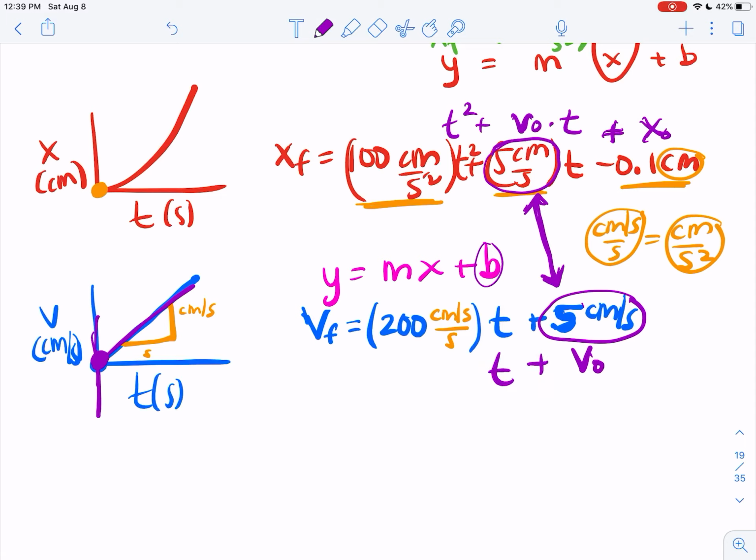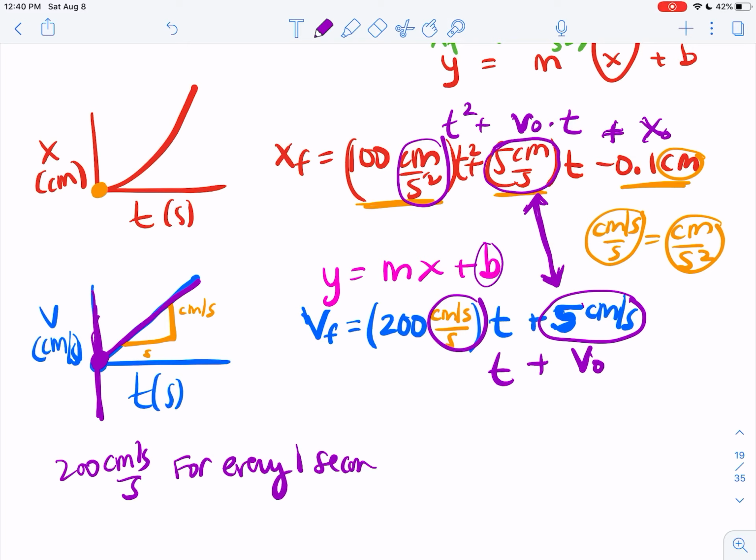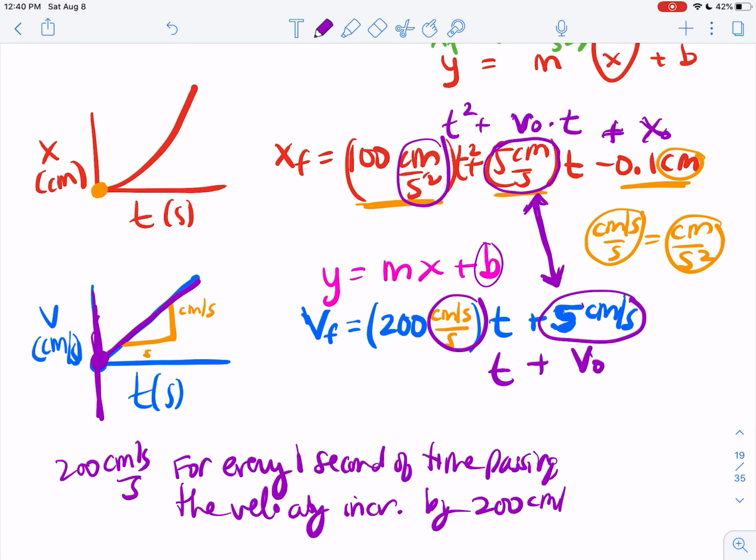So this is clearly not the same number. It's not even close enough to consider the same number. It does have the same units, however, so it's sort of measuring the same thing, but one of them is going to have a constant in front of it. We know from this graph, 200 centimeters per second: for every 1 second of time passing, the velocity increases by 200 centimeters per second.